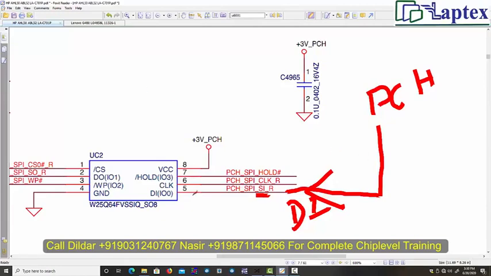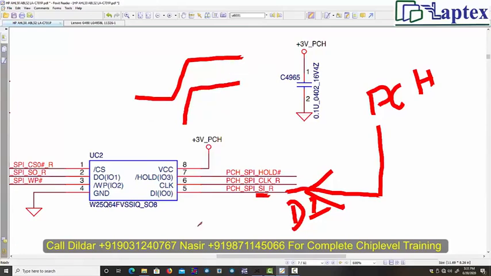You have to be very careful at the time of checking, but remember that this pin alone cannot be checked. You have to check it with the clock. At the rising edge of the clock, you have to check the DO pin. The DO will get high at the time while your clock is at the rising edge.